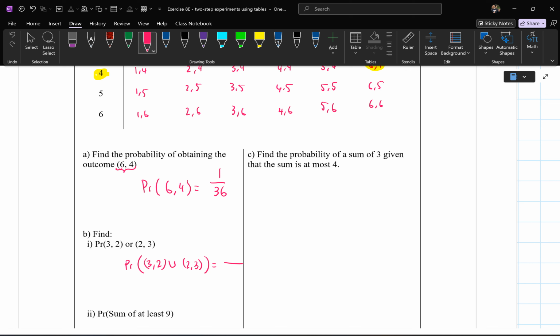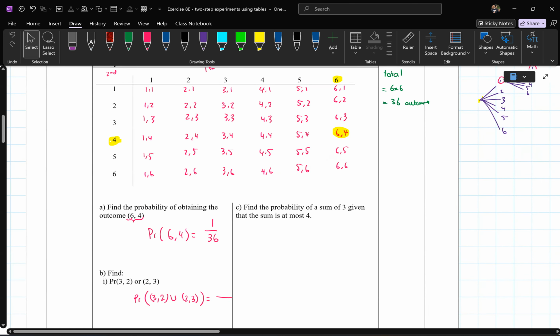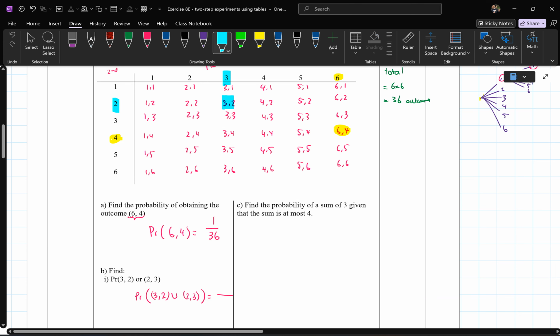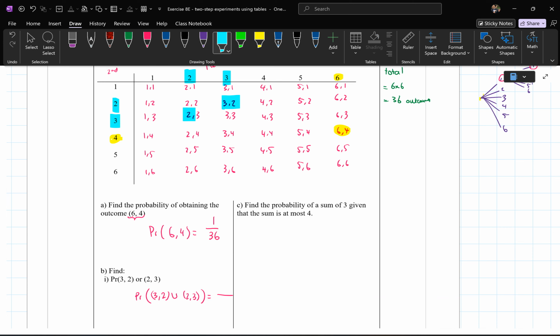What's the probability here? Let's go, yes, Mira. 1 out of 18. How did you get 1 out of 18? Beautiful. So when we're unioning, we're looking at, well, what's the chance of getting (3, 2)? Well, 3 on the first go, 2 on the second. That's 1. Or you can get 2, then 3.